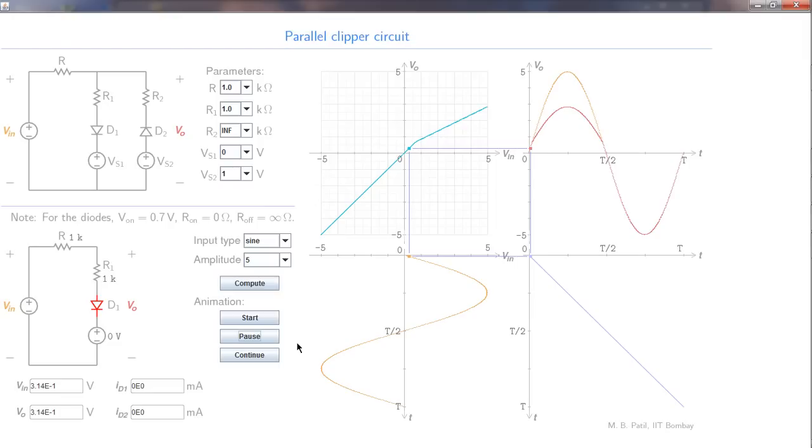Okay, let us continue with the animation and notice how this Vi of t is being traced, and with the help of VO versus VI and this t versus t graphs, VO as a function of t gets constructed.